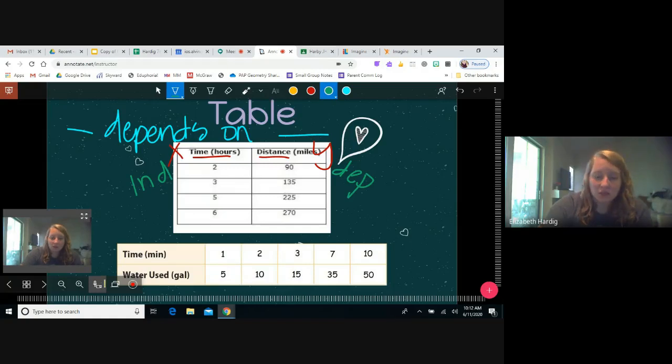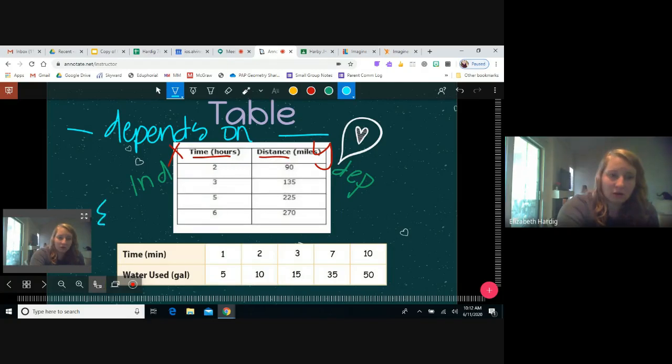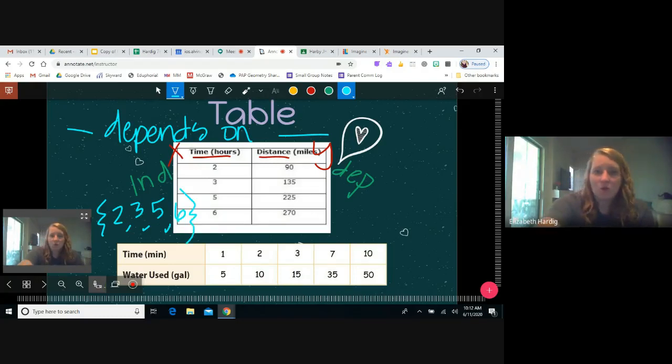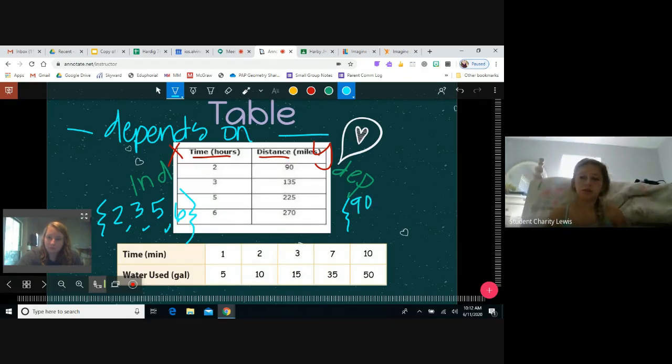So if I asked you to list out the independent values, what numbers would those be? 2, 3, 5, and 6. Very good. Notice I am just listing out the values for X. What if I wanted to list out the values for Y? What if I wanted my dependent values? 90, 135, 225, and 270.